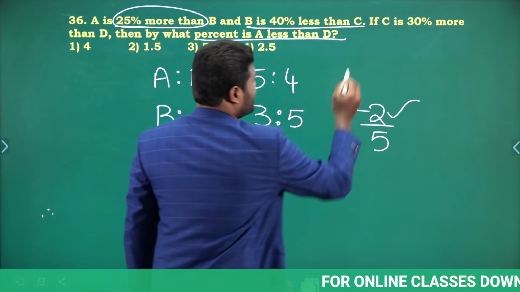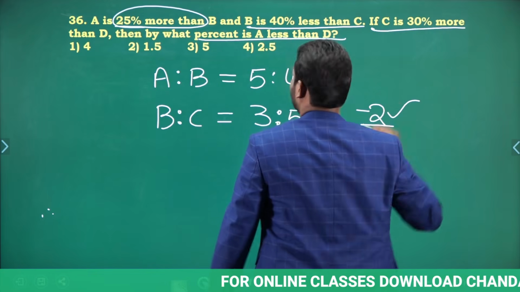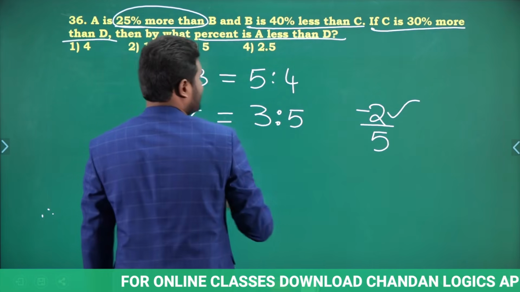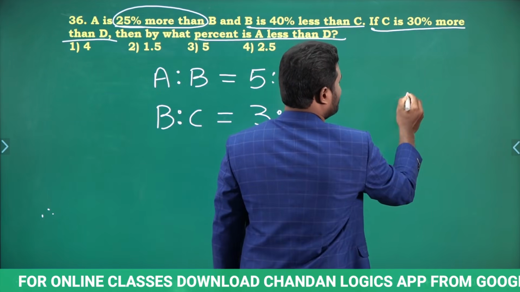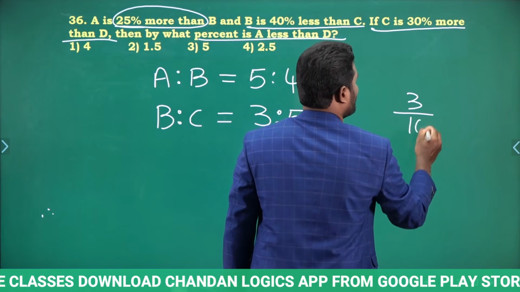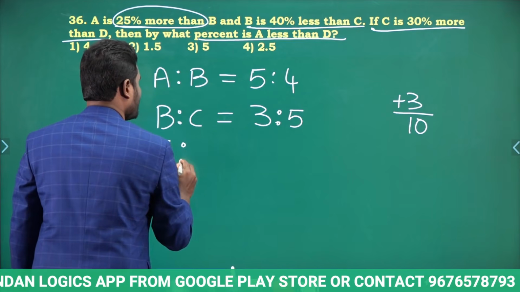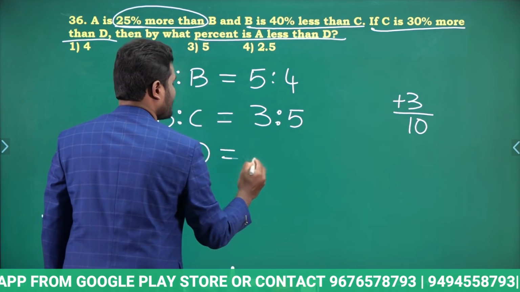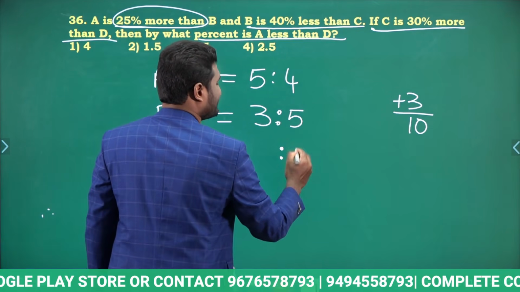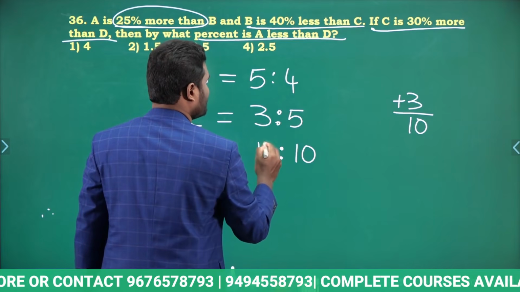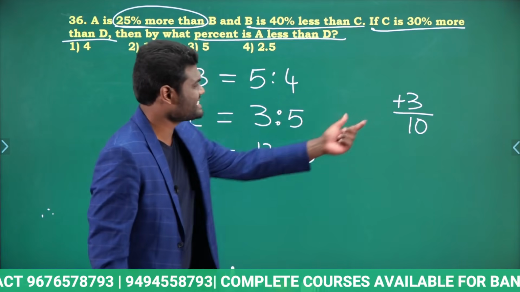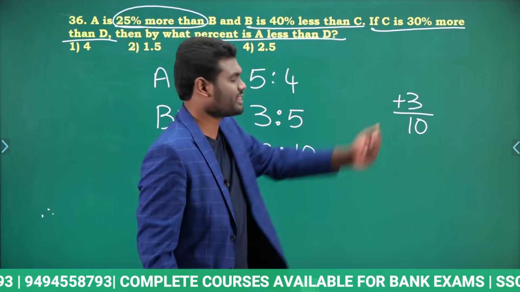Next, if you look at the next statement, C is 30% more than D. 30% is nothing but 3 by 10. When I say more, it should be plus. Yes or no? So C is 30% more than D. If D is 10 parts, then C is 13 parts. Why? Because C is 30% more than D.